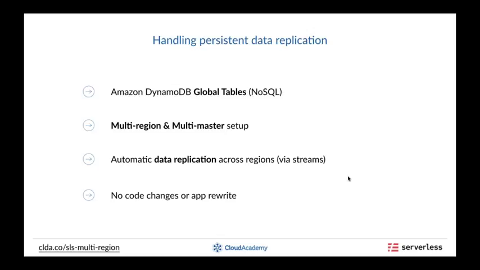Of course, you can set up the data replication yourself if you want to handle DynamoDB streams, but global tables are pretty useful if you don't want to deal with that. That's not impossible if you have two regions. If you want to have three or five, that's more or less a nightmare.